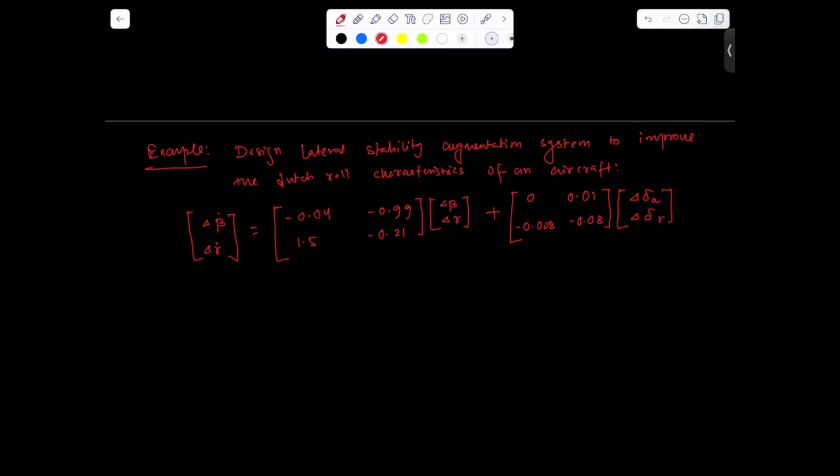Okay. So if you notice in this equation, we have two control inputs. One is del A, and this is the rudder input.